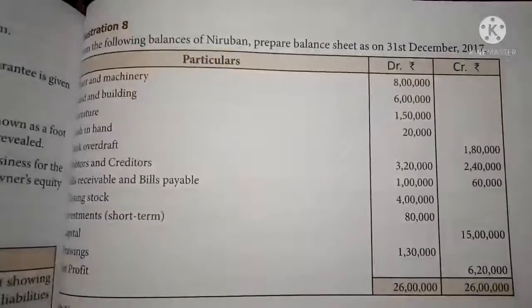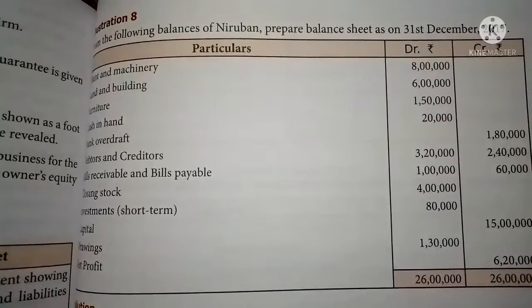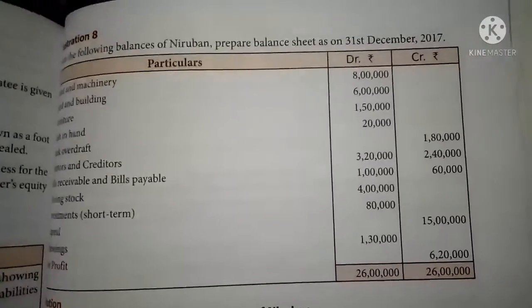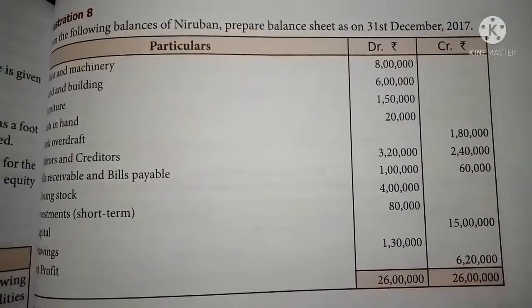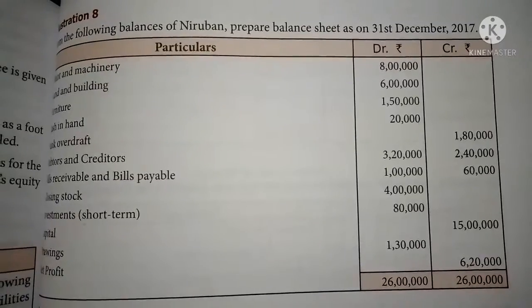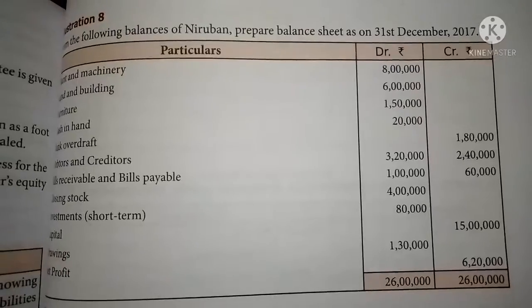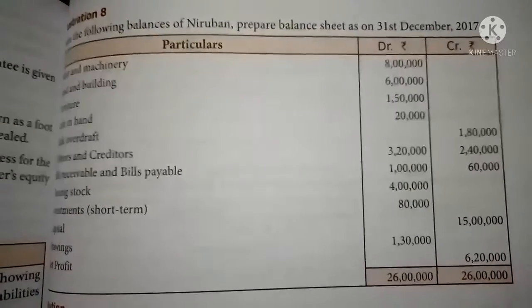Let us see one example for preparation of balance sheet. In this illustration 8, they are asking to prepare the balance sheet as on 31st December 2017. In this chapter we already discussed trading account preparation and profit and loss account preparation, and there are specimens for preparing them.